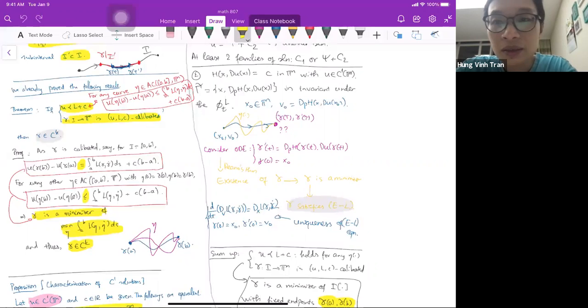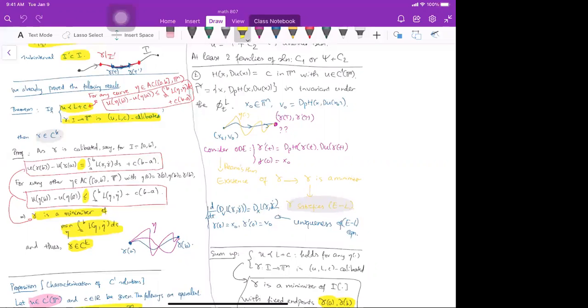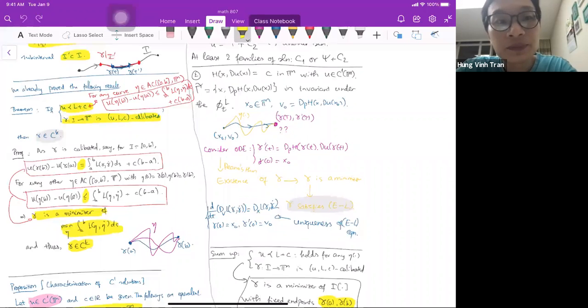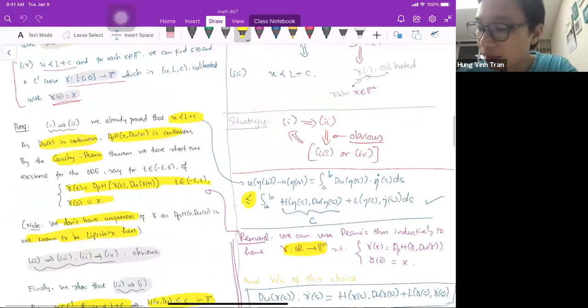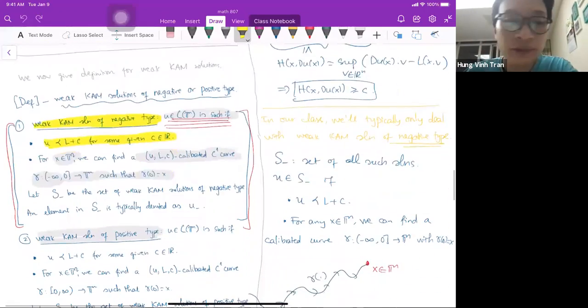I have a question. With this definition, you don't need to prove existence of a minimizer and still are able to find some sort of desired curve. Yes, you're right, because this definition is rather abstract.